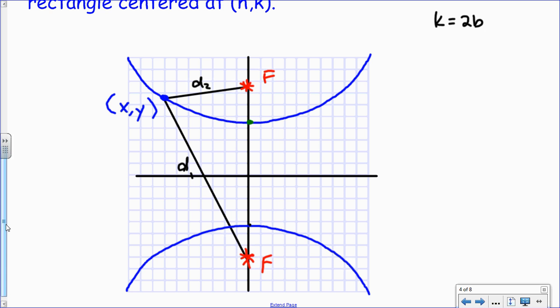You won't have to memorize or show the proof of why that's true every time, but here's why. For any point on the hyperbola, the difference of the distances from that point to each focus is K. Let me pick this vertex as my point (x, y). Here's my center.